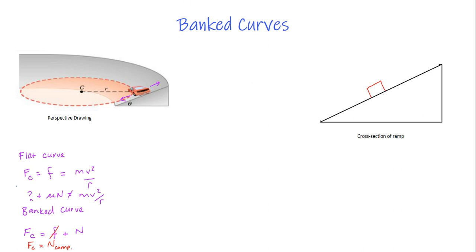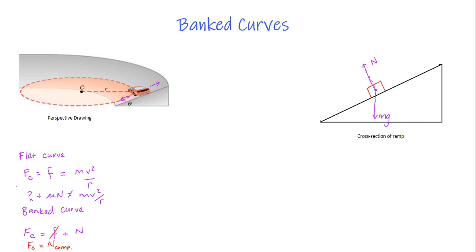Okay, so if you've had a chance to do this, you hopefully have seen that we have a weight force vector pointing straight down, and we have a normal force vector pointing normal to the ramp, perpendicular to the ramp.